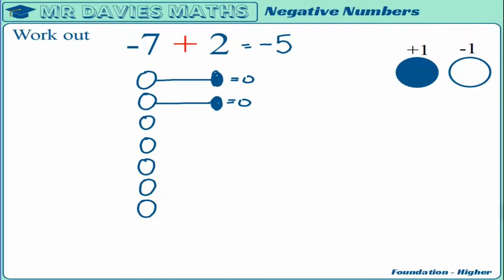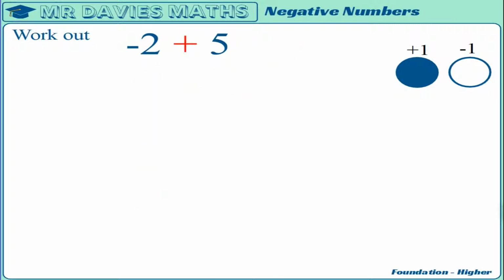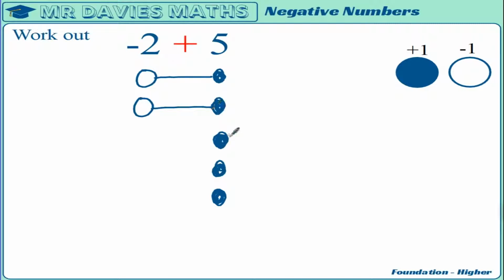Next question. I've got -2 this time, so -1, -2, and I've got 1, 2, 3, 4 and 5 positive numbers. If I group them together, that will cancel, so I'm left with just +3 as my answer. Okay, what about this one?